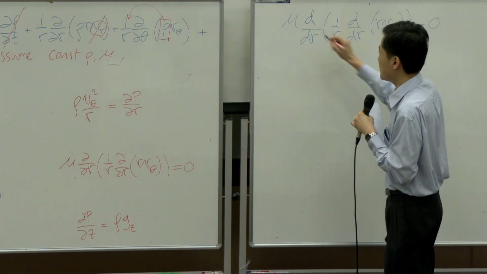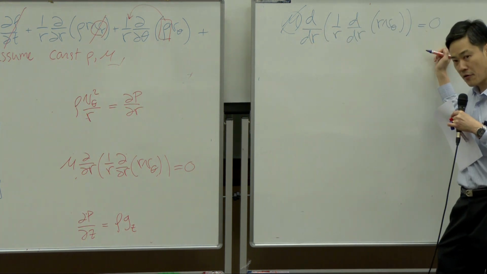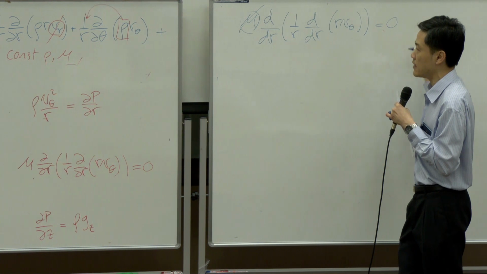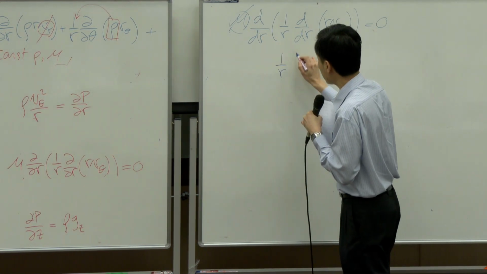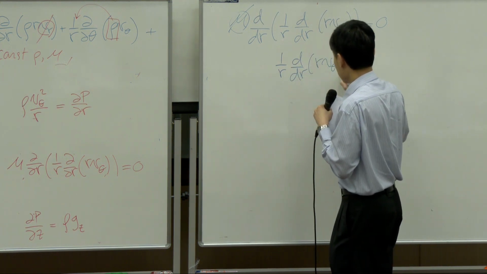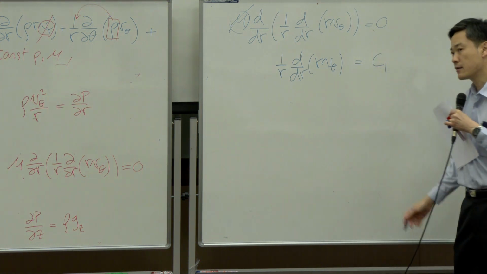First integration, this term will be eliminated because the right-hand side is 0. You don't have to worry about mu anymore. Move it to this side, it turns to be 0. First integration, you have whatever inside. That would equal to a constant. Let's call it C1.